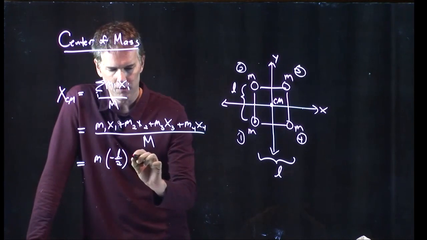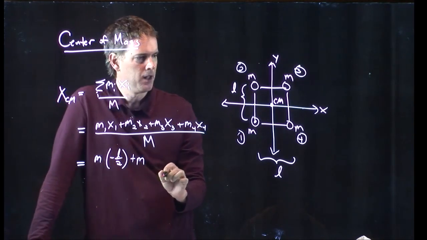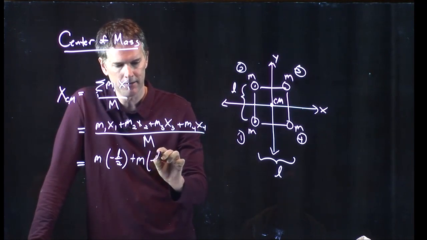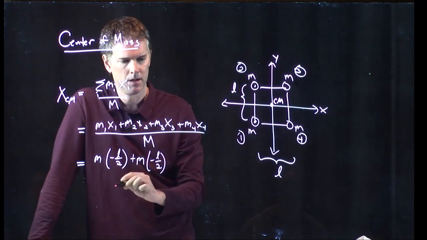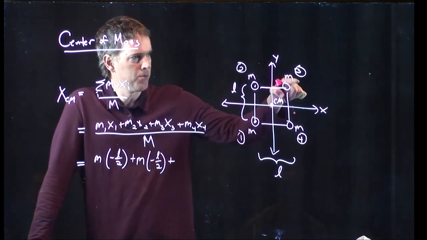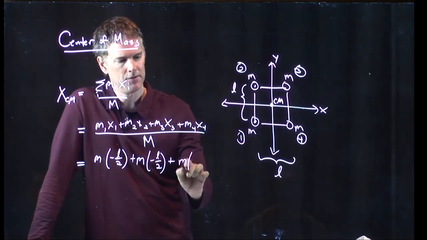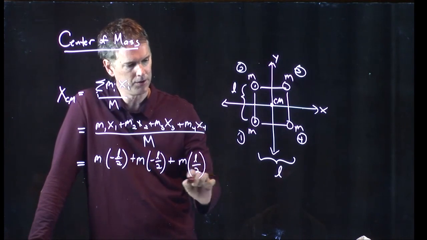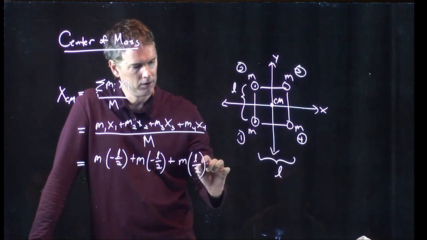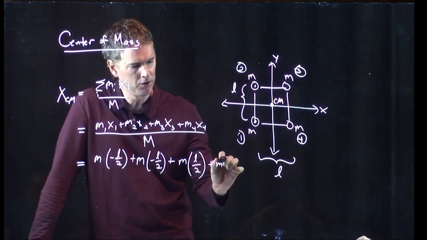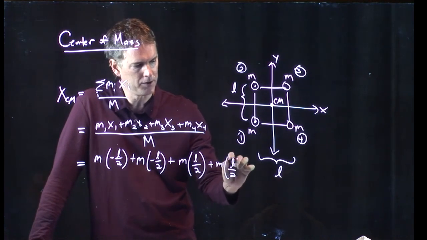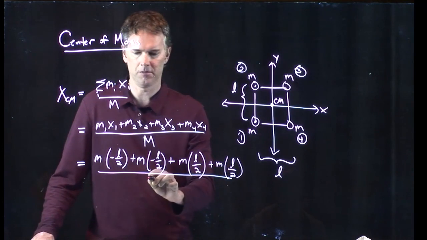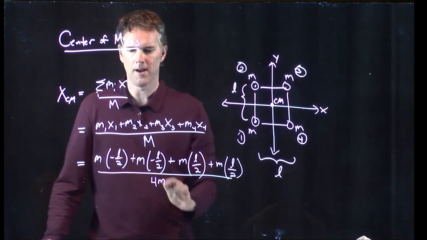M2, which is also just the mass m, that also has an x position of negative L over 2. M3 has an x position of positive L over 2. X4 is also positive L over 2. And we're going to divide this thing by the total mass of the system, which is just 4m.